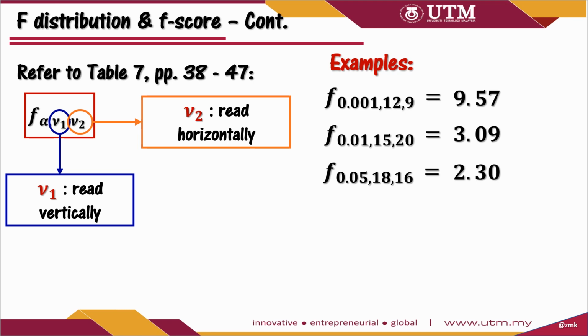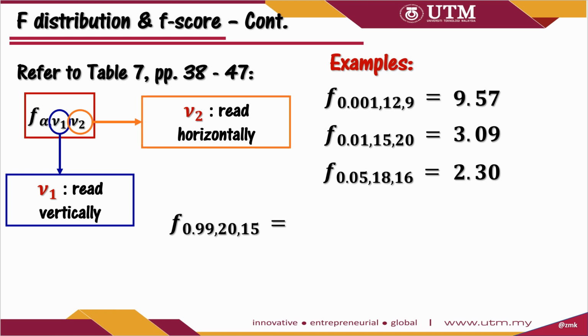Next question. How to find F 0.99, 20, 15? Of course, alpha equal to 0.99 is not provided in the table. But we know alpha equal to 1 minus 0.99, which is 0.01, is there in the table, isn't it?